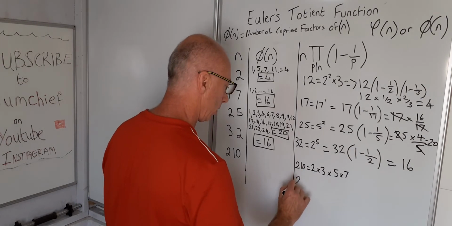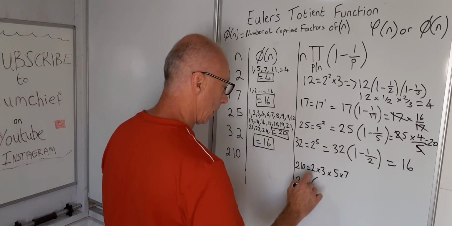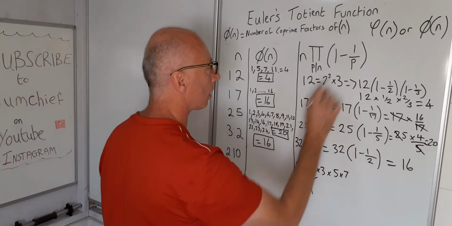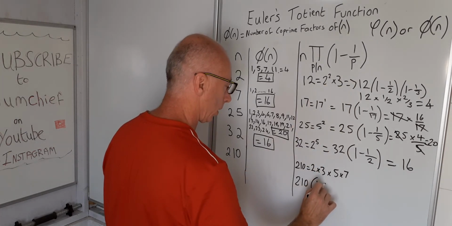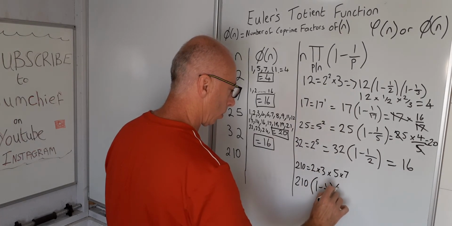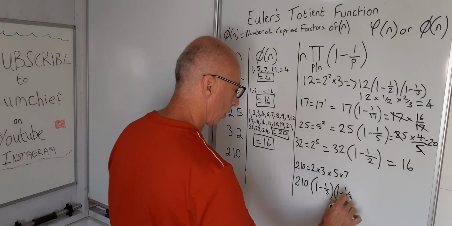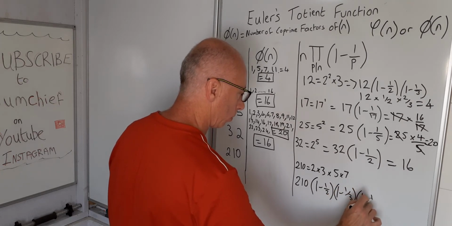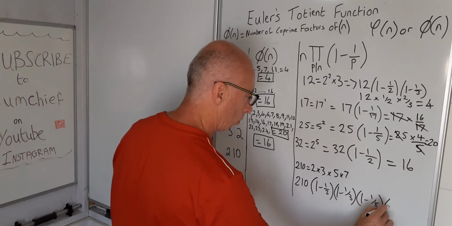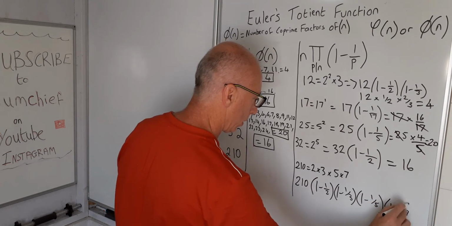So n is 210. Then taking each one of these prime factors into this formula: 1 minus 1 over 2, 1 minus 1 over 3, 1 minus 1 over 5, and 1 minus 1 over 7.